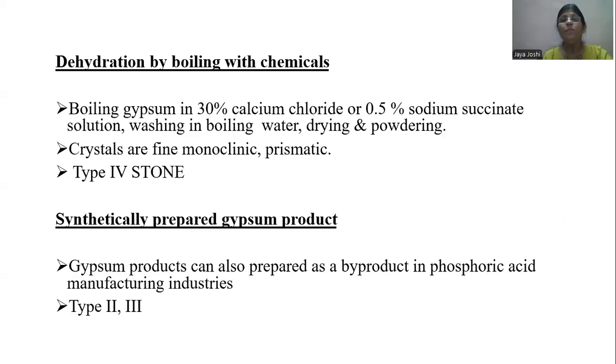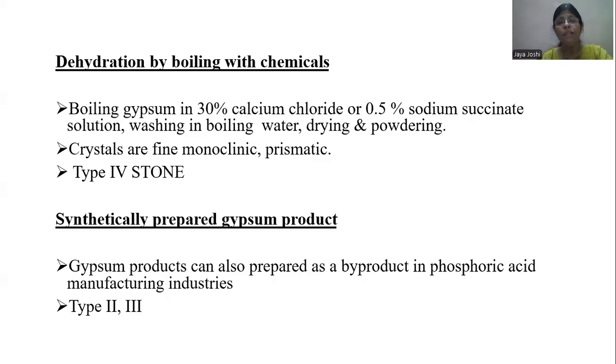Now we get the gypsum products by dehydration also. You can boil the gypsum in 30% calcium chloride or 0.5% sodium succinate solution, followed by washing in boiling water, drying, and powdering the particles. Again, here you get fine monoclinic and prismatic crystals. Gypsum product can be synthetically prepared also.